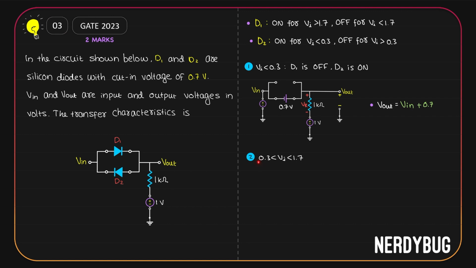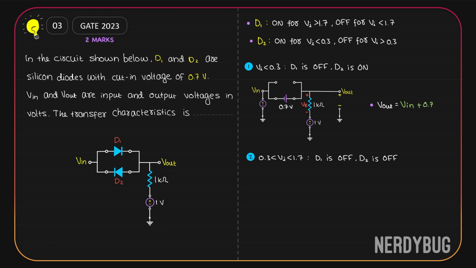V input is between 0.3 and 1.7. Here V input is less than 1.7, and when V input is less than 1.7, D1 is off. V input is greater than 0.3. When V input is greater than 0.3, D2 is off. That means in this case, both diodes are off.